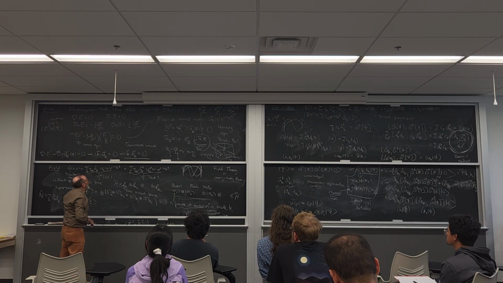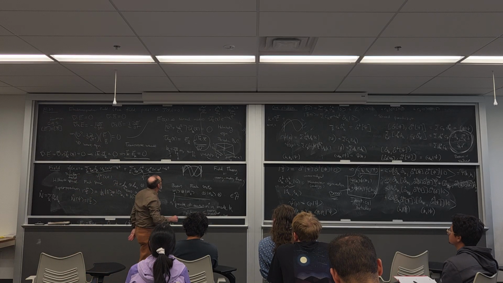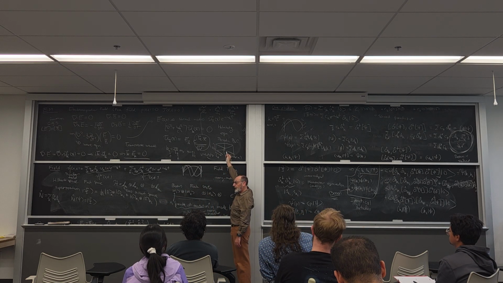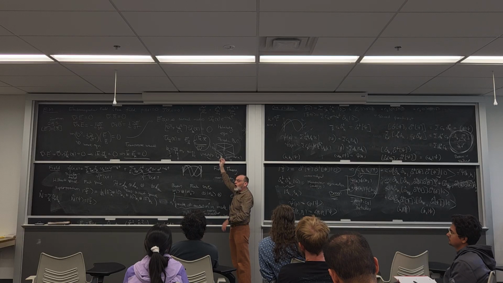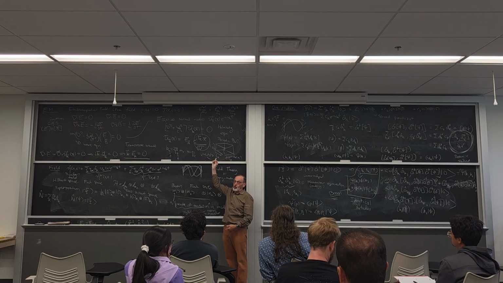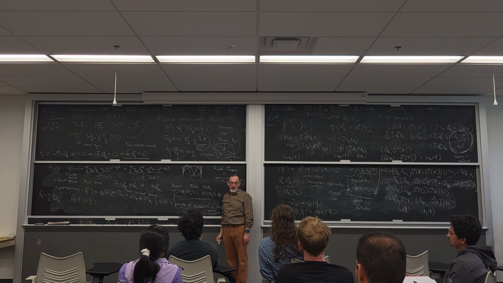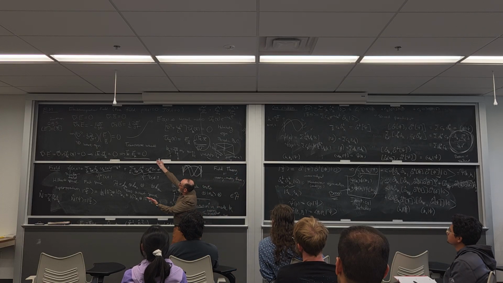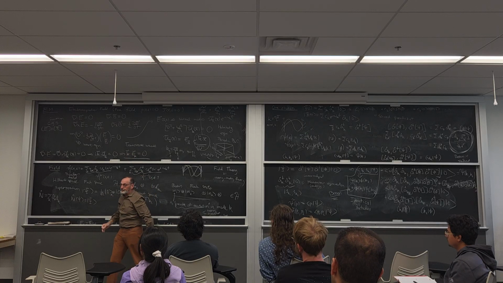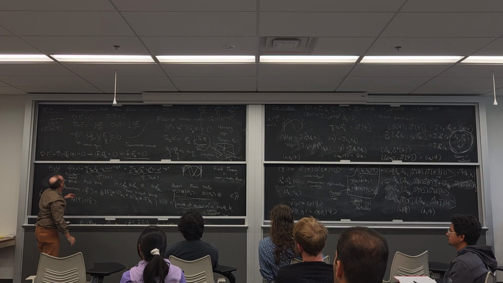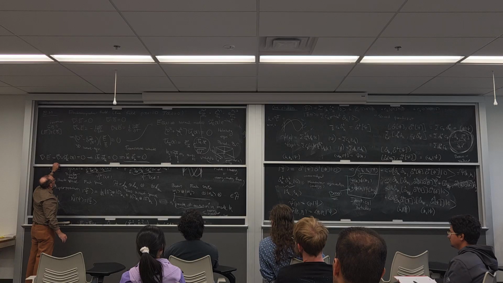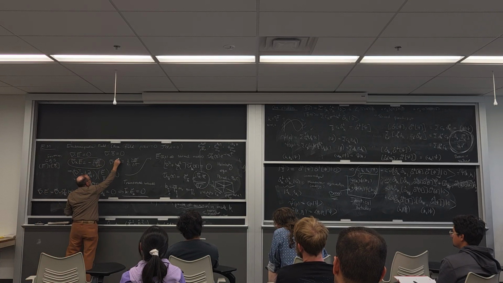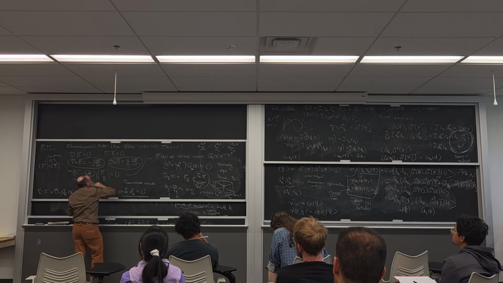Okay? However, once we have defined the normal modes of the electric field, we automatically know what the normal modes are of the magnetic field. Why? Because they must satisfy Maxwell's equations. Okay? And in particular, if I look at this or this, okay?